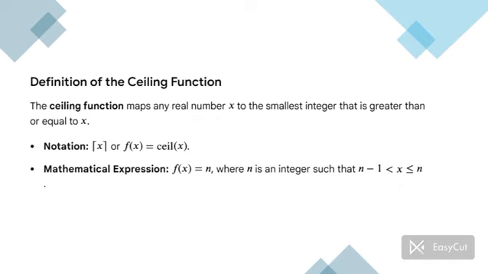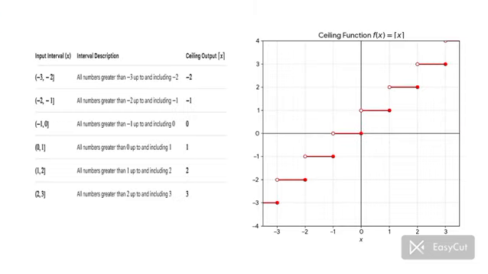Now we observe the graph of the function. This is the graph of the ceiling function. Here is the point 0. Here is the point 1. The number greater than or equal to is 1. So the ceiling function has the value 1 in the interval from 0 to 1.